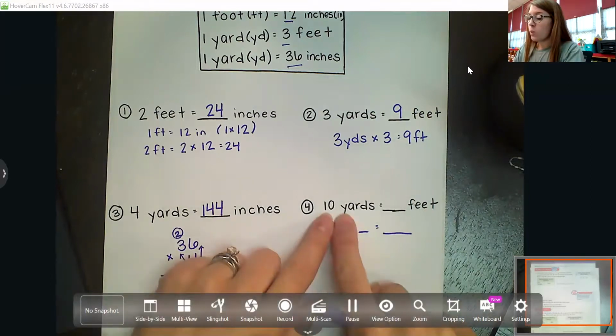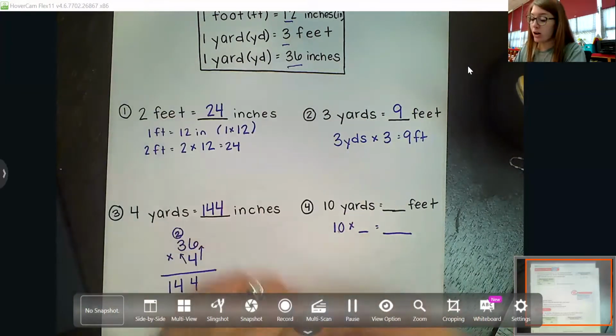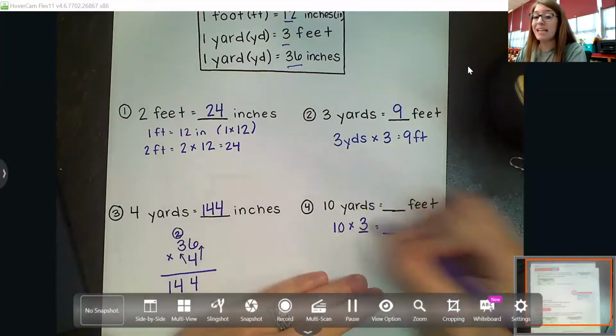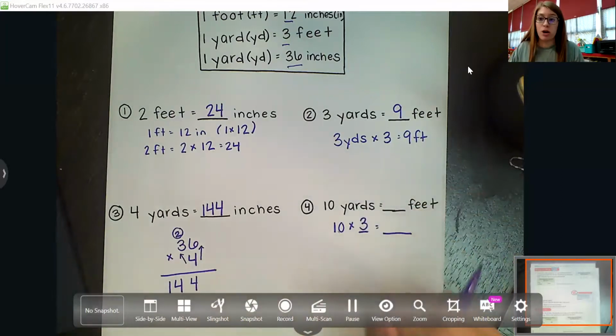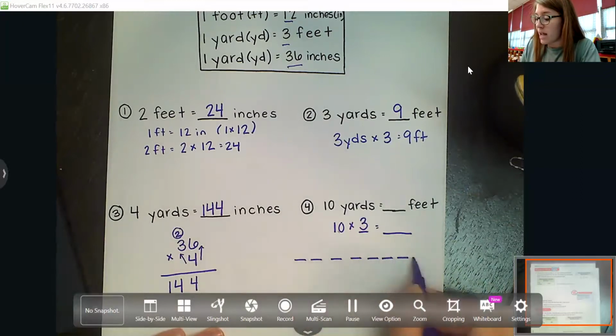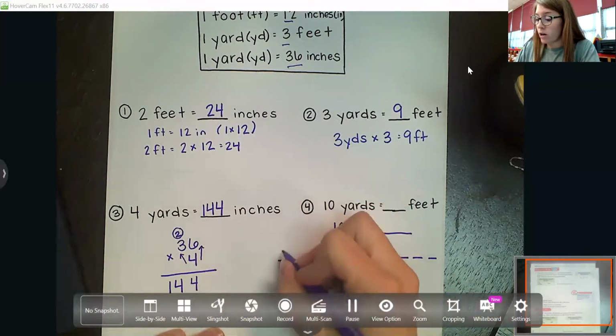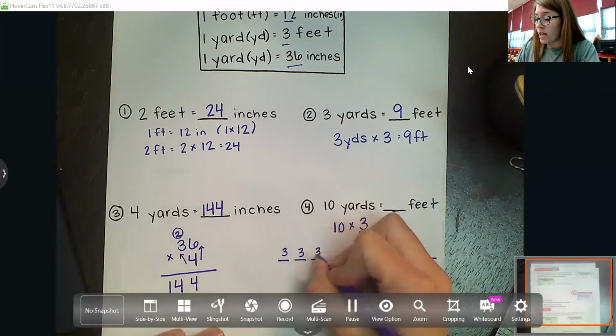You didn't even need to write it down, but let's look at it together. So we've got 1 yard equals 3 feet. So we're going to be multiplying that 10 yards by the 3 feet in each one of those yards. Okay, because if we've got 10 yards, so if we've got 1, 2, 3, 4, 5, 6, 7, 8, 9, 10, and each one of those yards is equal to 3 feet.